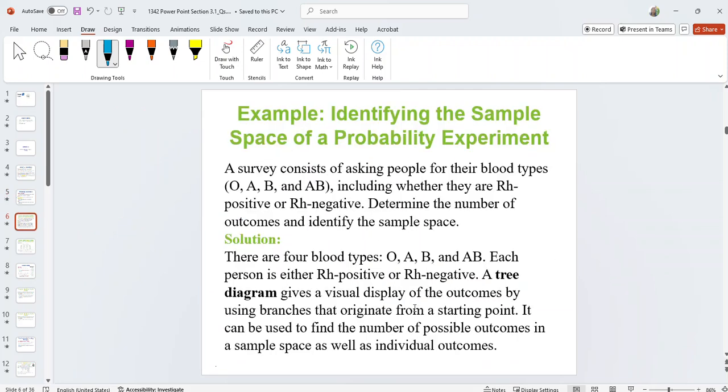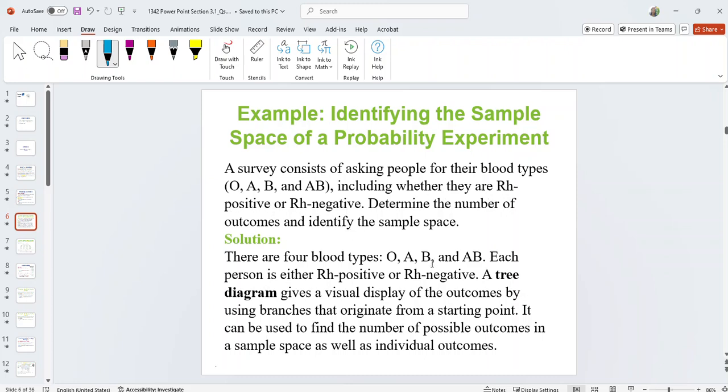All right, so that is identifying the sample space of the probability. Like blood types, right? Sometimes people call them type A, type B, type AB, and type O, which a lot of people got, type O. But the blood type not only has these 4 major ones, we also have positive and negative, the Rh positive and Rh negative.